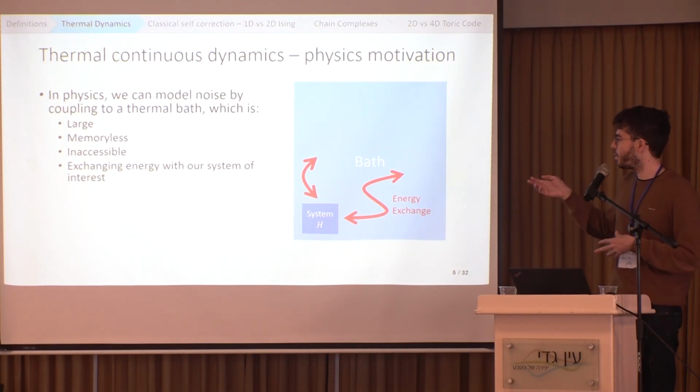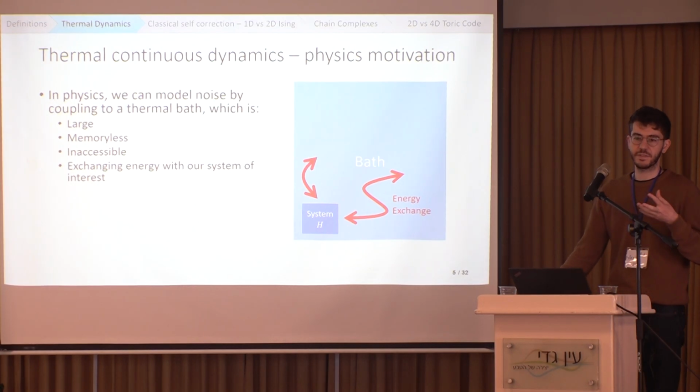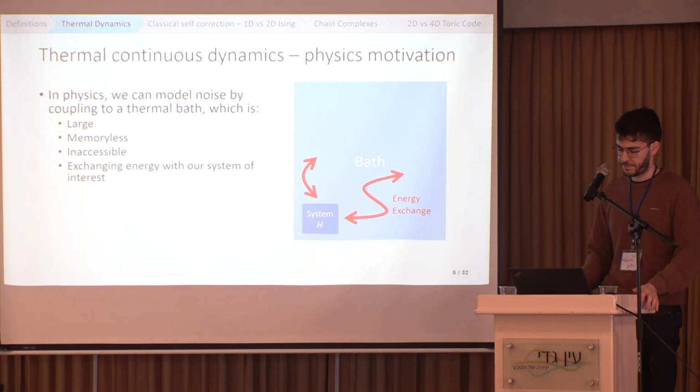We cannot know things about the bath. We cannot measure it. We can just know its temperature, which I will talk about later. But importantly, the bath and the system exchange energy. And because of that, the energy in the system is not fixed.